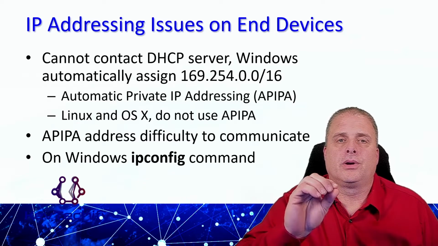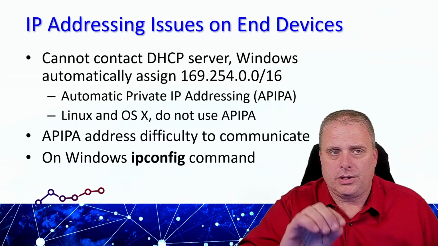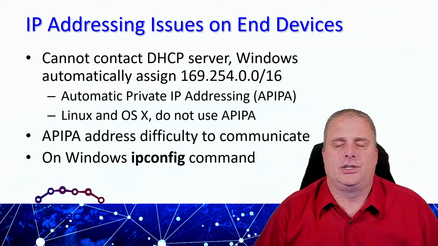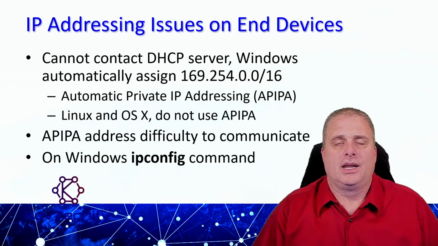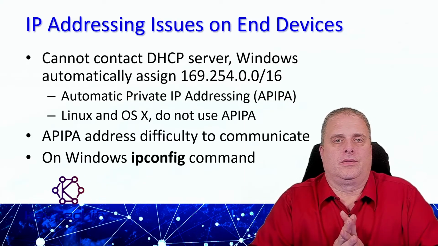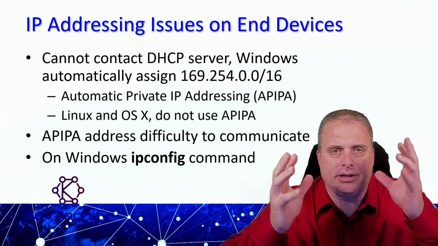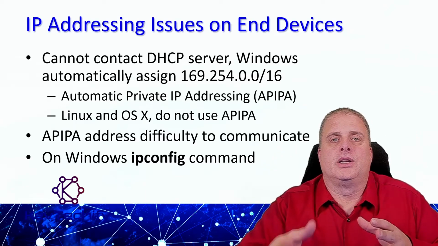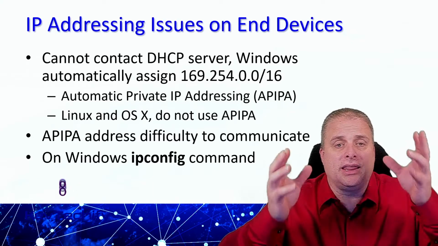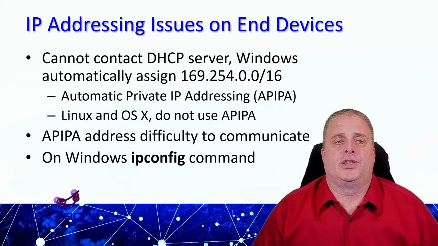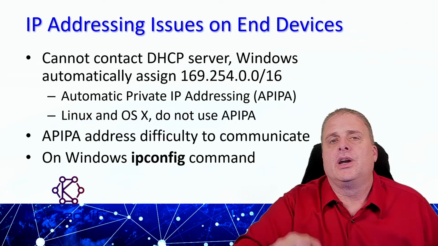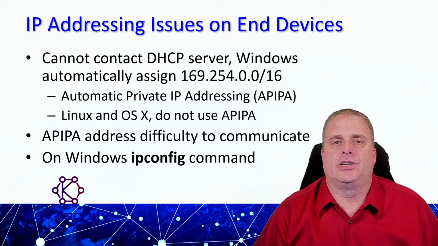Another issue you can run into in troubleshooting is IP addressing issues on the end devices. In the Windows world, if you think about it, a lot of your end devices are going to be Windows desktops, PCs. That's where you could run into some issues. And one of the big issues here is not being able to contact your DHCP server.